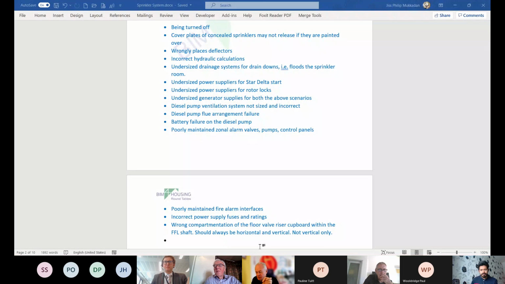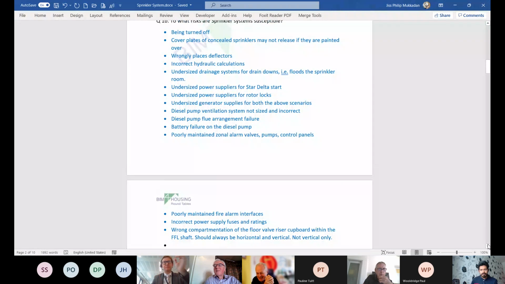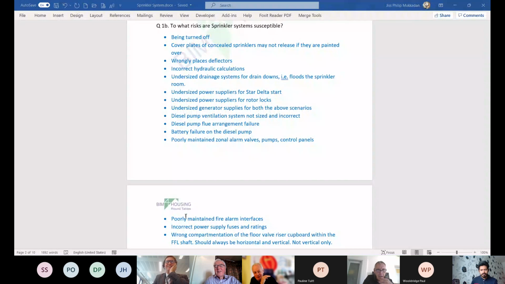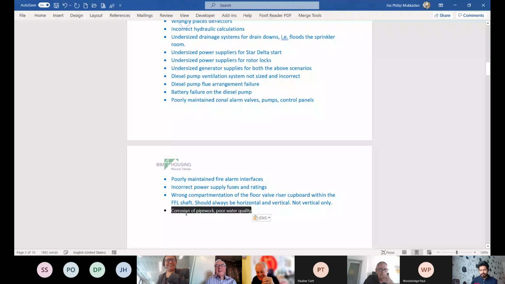Where we have any data on this, the most common cause of failure for a sprinkler system is it just being turned off. Yeah, human error. We've actually got all of that on there, have we? All of the rest of the list is not as important as the first one. Should we actually have human error in there? Well, as a point, if you know the risk is it being turned off, then what's the thing you check? It's turned on.